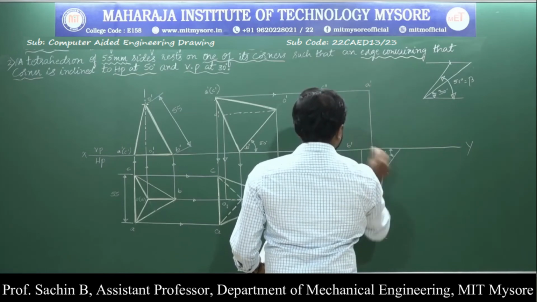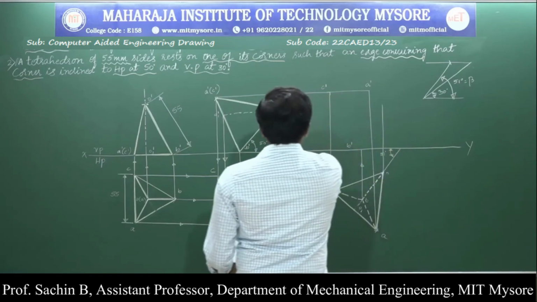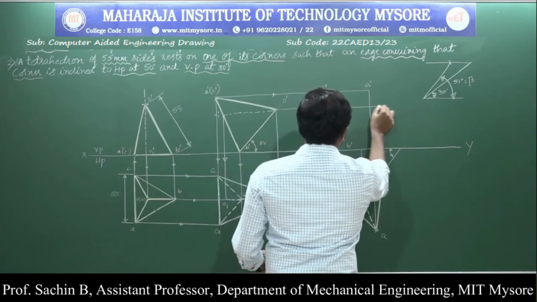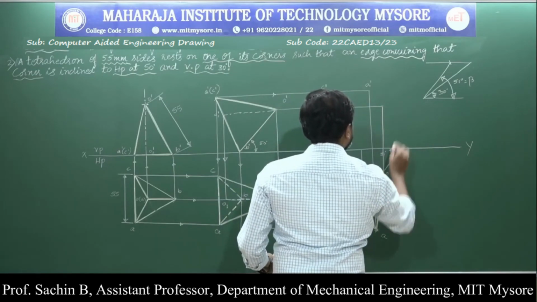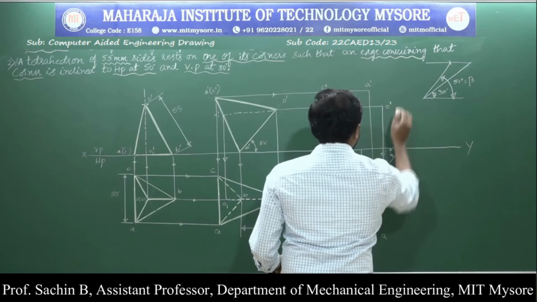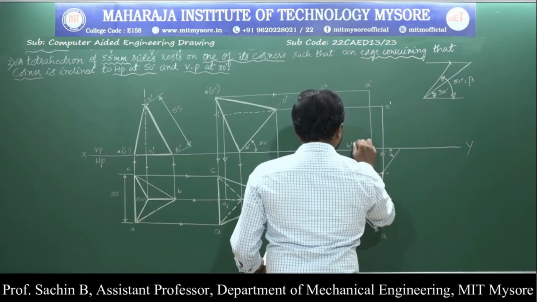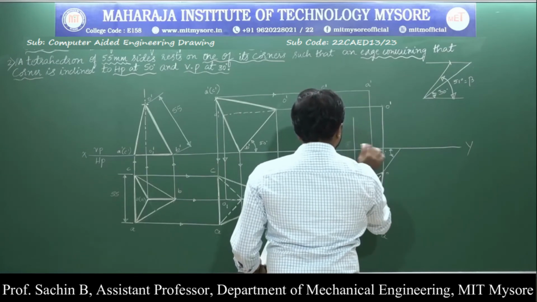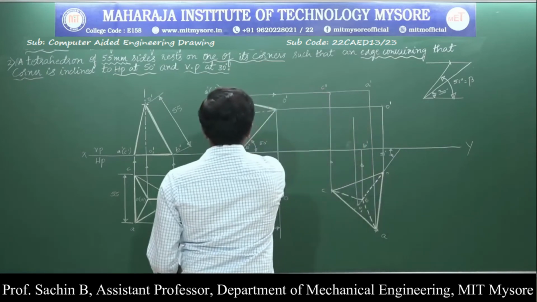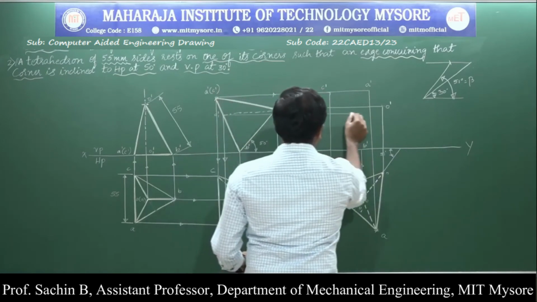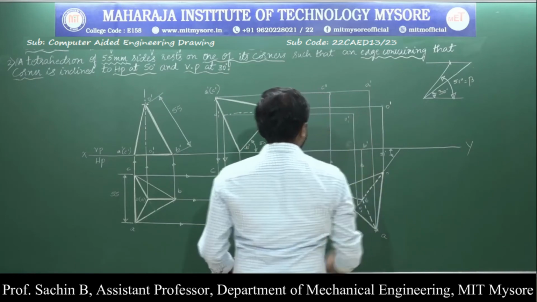This is my B dash point. Again from O point I am extending the projection line. I am connecting it. This is my O dash point. Again from the axis I am extending it. This is my O1 dash point.